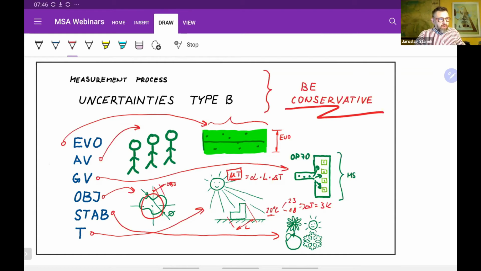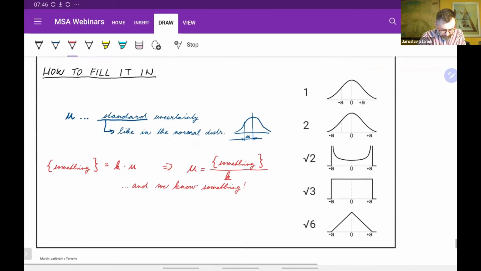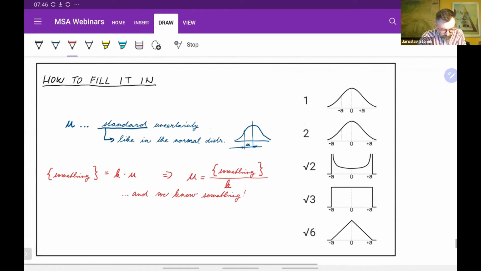Okay, so if you have these estimates, then the next question is how to formalize it, how to fill it in. When calculating the uncertainty, we always need to use the standard uncertainty.